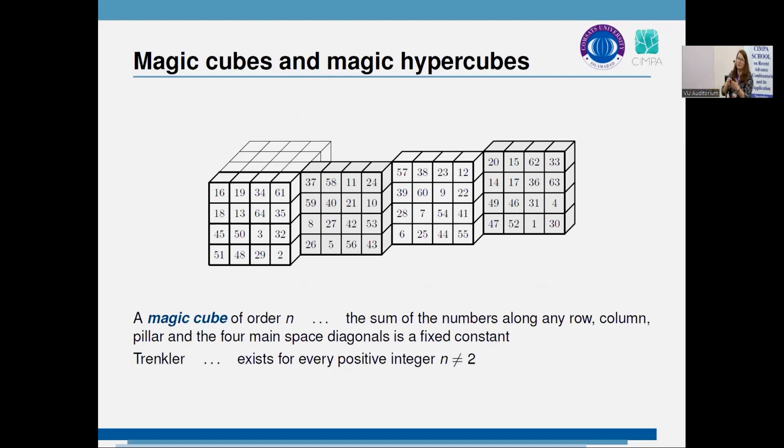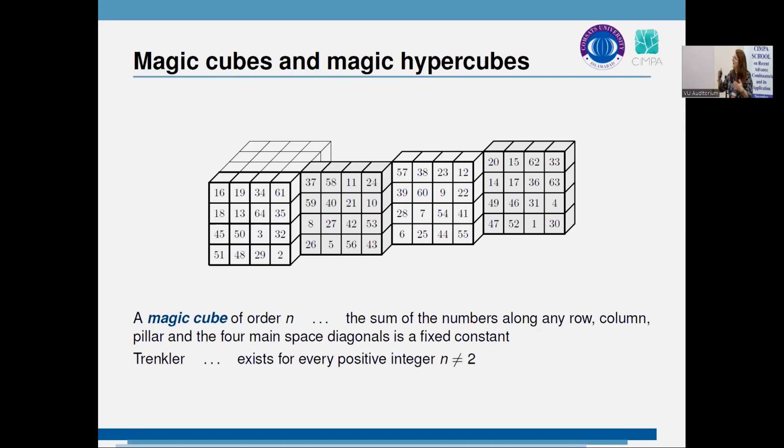We put numbers from 1 up to n cubed. Every number is used exactly once. And what we require is that the sum of the numbers along any row, any column, any pillar, and the four main space diagonals is a fixed constant.